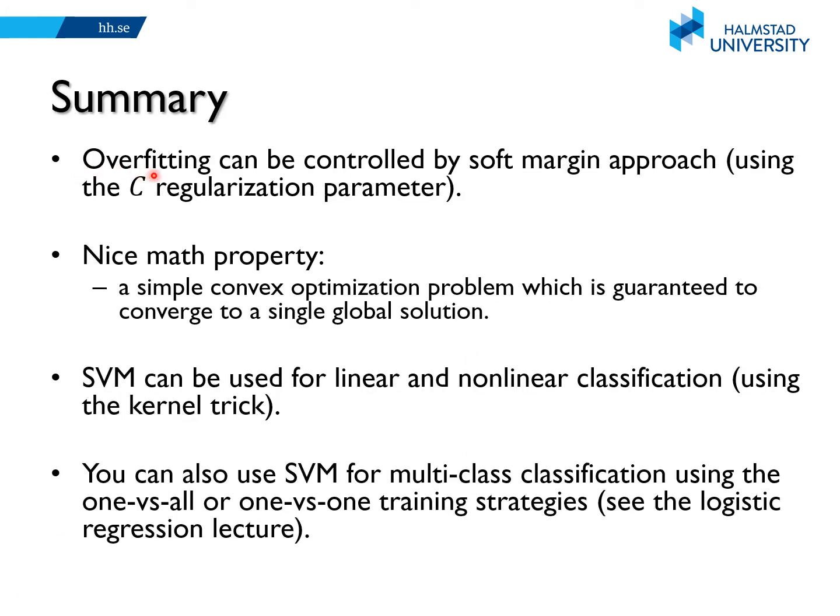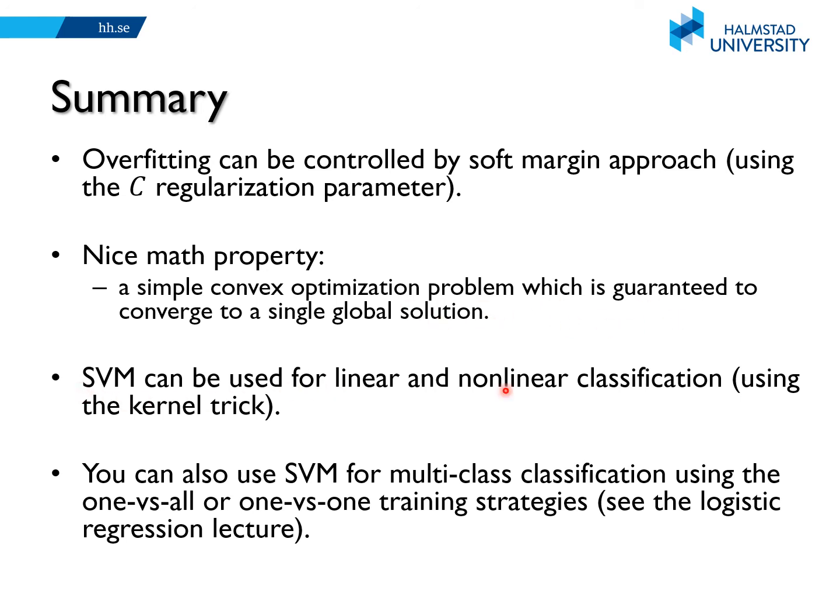So to summarize, we saw that overfitting in SVM can be controlled by the soft margin approach, and this is using the hyperparameter C. And we saw that SVM has a nice math property, so it consists of a simple convex optimization problem, which is guaranteed to converge to a single global solution. So the cost function is convex.